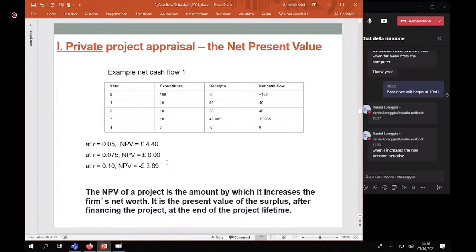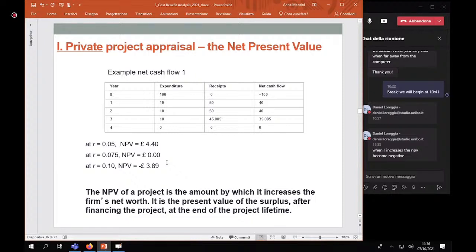So, we will see that when we deal with environmental desired effects, environmental project, social project with positive effects, we are used to consider lower discount rate.